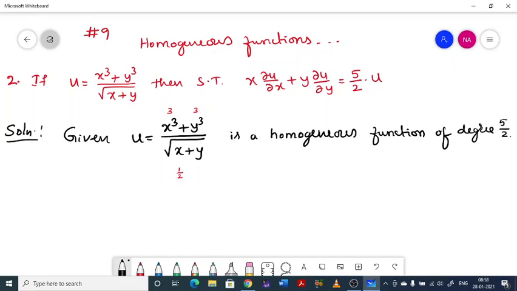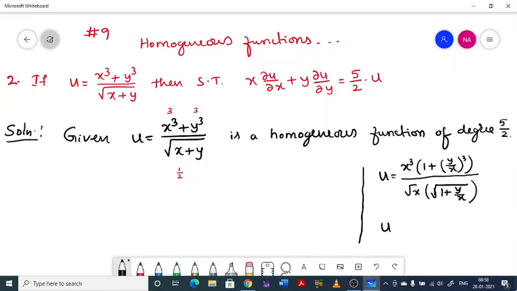How can we show that u is homogeneous? That I will write here. u equals x cube, I can take outside in the numerator, it will be 1 plus y by x whole cube, divided by, here you can take square root of x outside, that is x power 1 by 2, so that will be square root of 1 plus y by x.